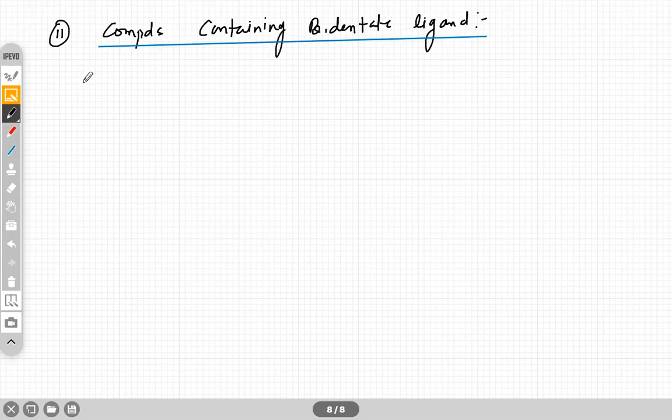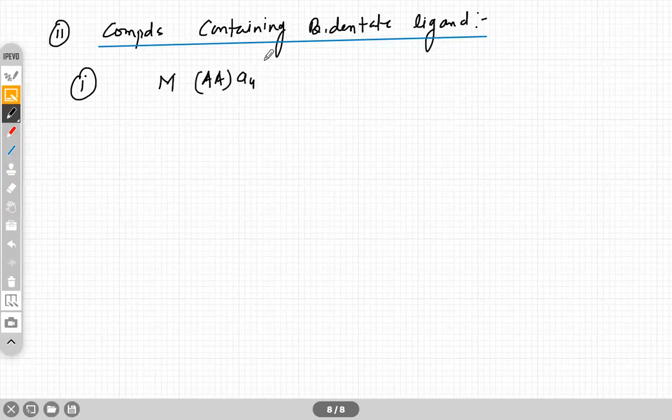So for example, the first one we have is MAA A4 type. What do you understand by this complex? One is bidentate, 4 is monodentate, so 6. One is an identical bidentate ligand, and the other 4 ligands are identical monodentate ligands. Coordination number is 6 for this complex.